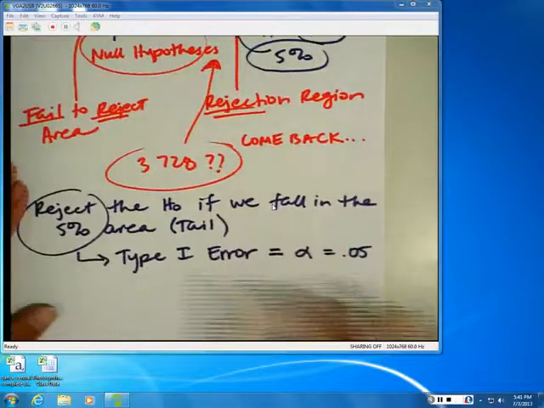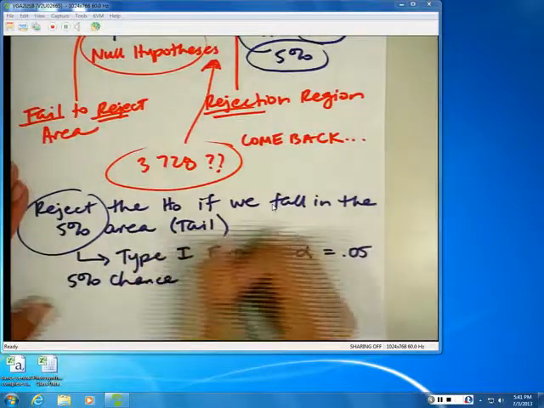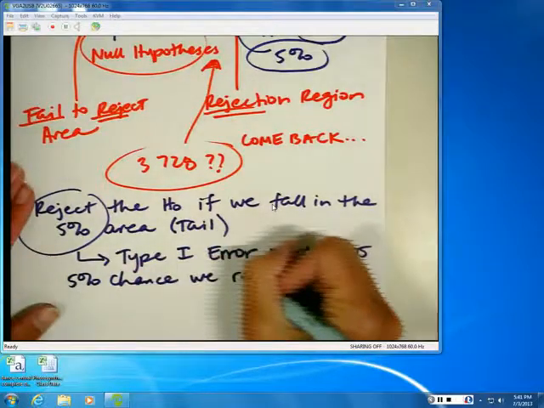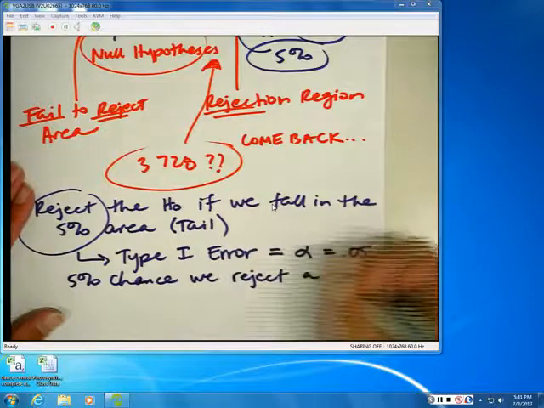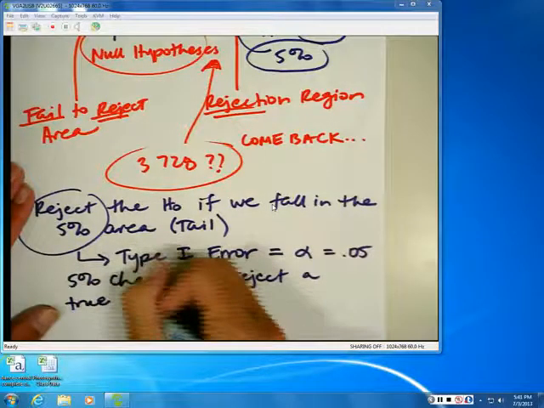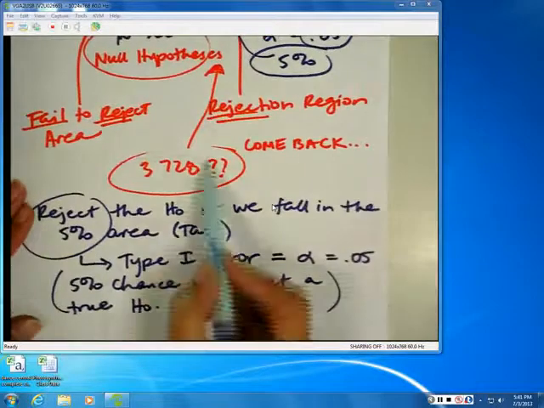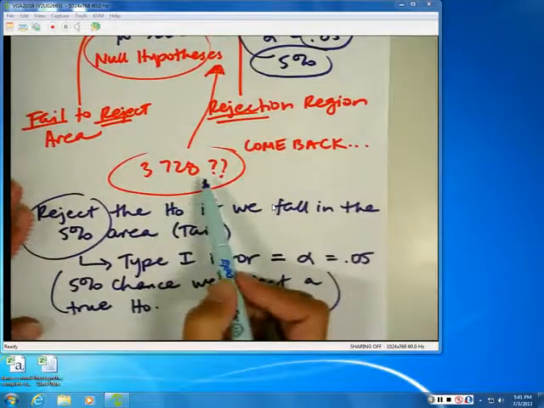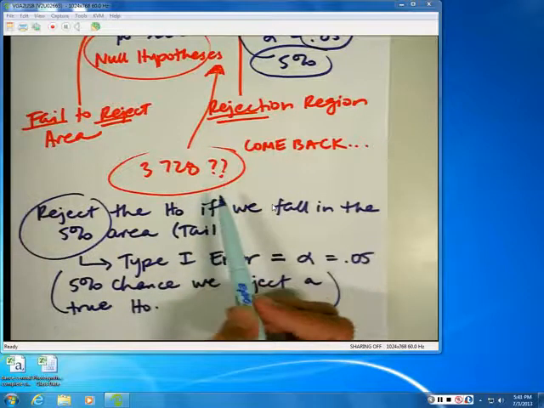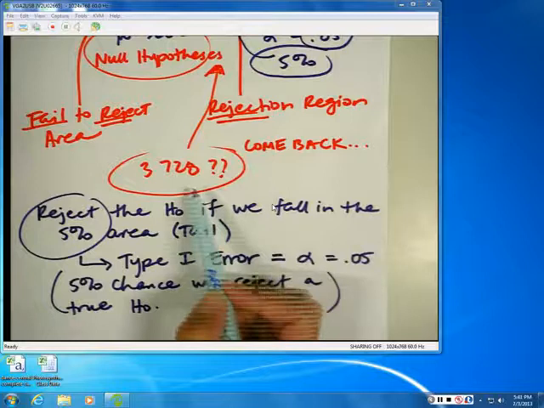And that means that there is a 5% chance that we reject a true null hypothesis. Basically, that means that we said that 3728 was significantly bigger when it really isn't. There was some other flaw in our testing. So that's the type 1 error.